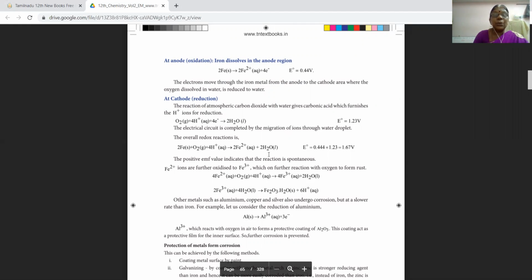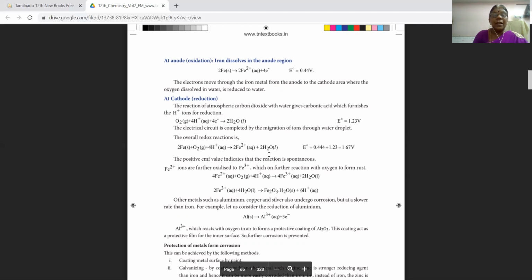The electrical circuit is completed by the migration of ions through the water droplet. So the overall redox reaction is 2Fe plus O2 plus 4H plus gives 2Fe2 plus plus 2H2O liquid. For the oxidation, the EMF is 0.44 volt, and for the reduction, the EMF is 1.23. So if you add them, 0.44 plus 1.23, you will get 1.67.